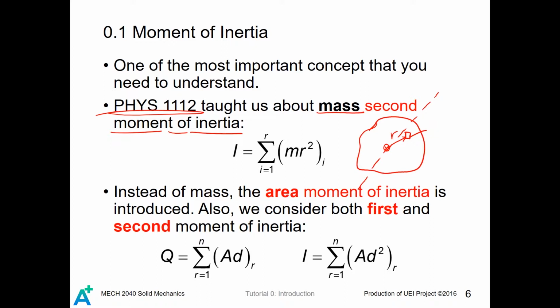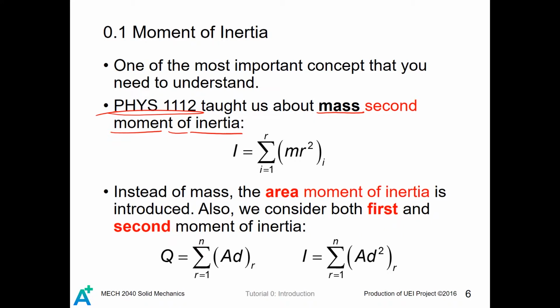However, you might not have heard that in this world there are two kinds of moment of inertia. One is the first moment of inertia, and another one is the second moment of inertia.